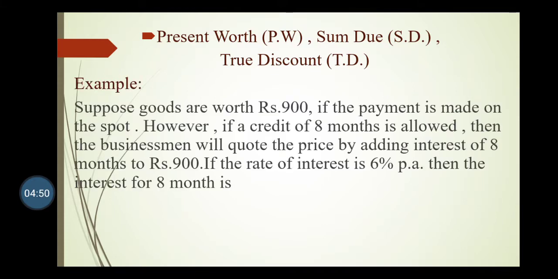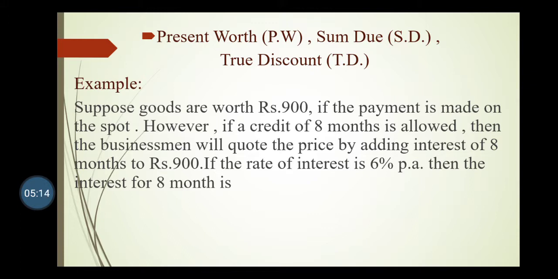Okay, suppose goods are worth rupees 900. If the payment is made on the spot, however, if a credit of 8 months is allowed, then the businessman will quote the price by adding interest of 8 months to rupees 900.